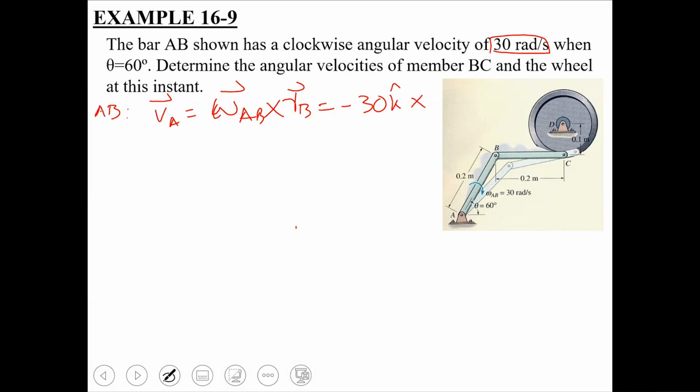So this omega is going to be -30k. What about RB, the position of B with respect to ground A?